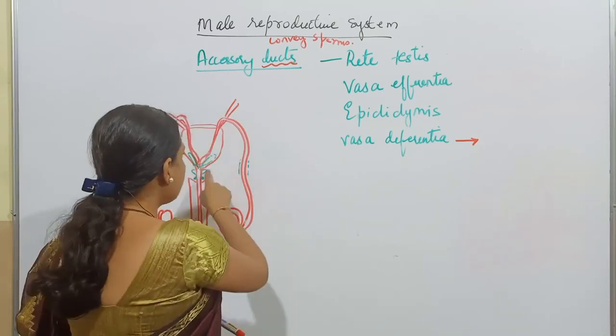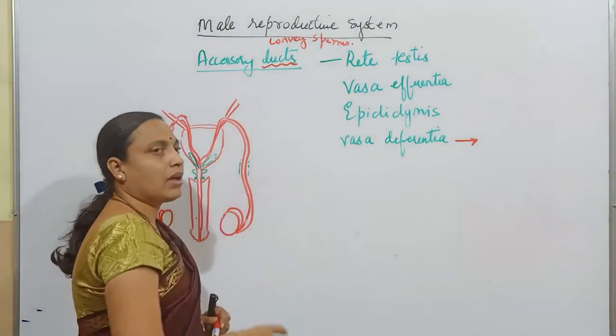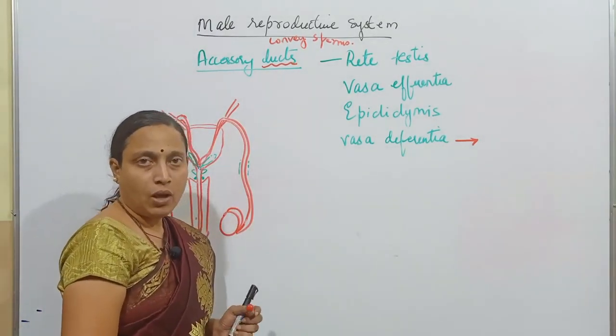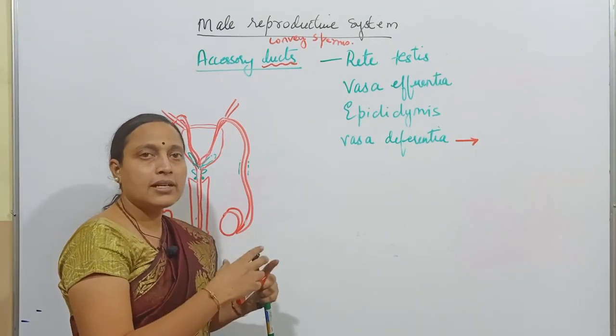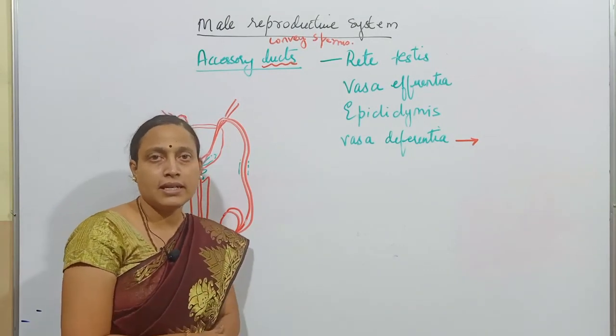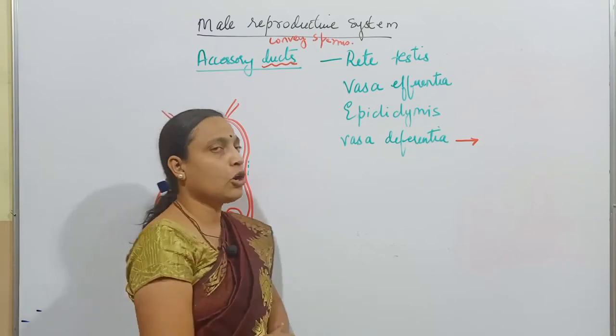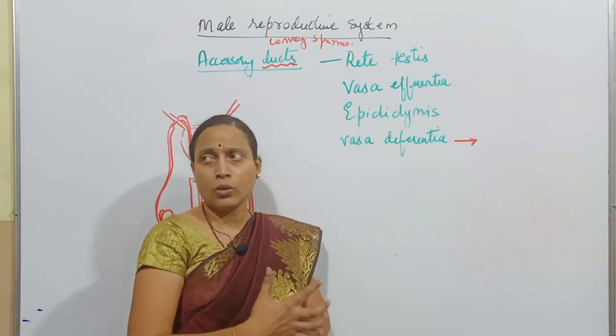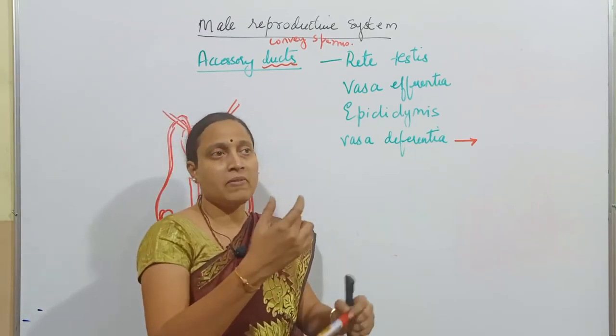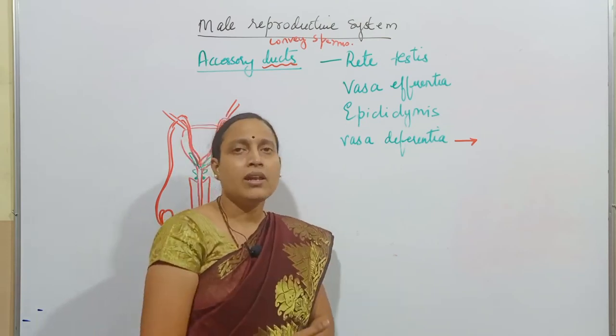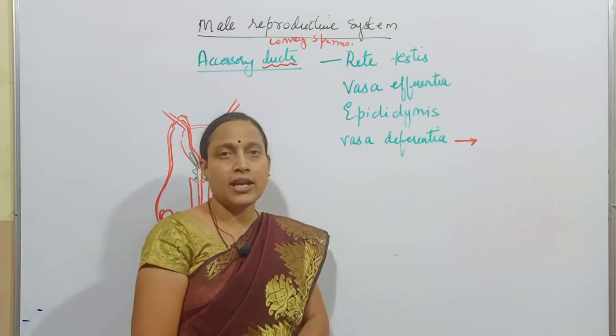And vas deferens ultimately is going to join with a gland called seminal vesicle, and when both the ducts join, this will result in another duct, called the ejaculatory duct, even though it is not purely accessory because some of the gland components are fused here.